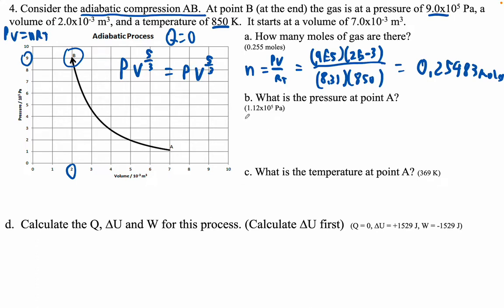So we're going to go 9E5 times 2E minus 3 to the 5/3 equals, and then we don't know the pressure at A, right? But we do know the volume is 7 times 10 to the minus 3rd, to the 5/3. So we don't have to figure out the volume, we're going to figure out the pressure, which is good because solving for the volume is just a little bit harder, right? Okay, we can do this.